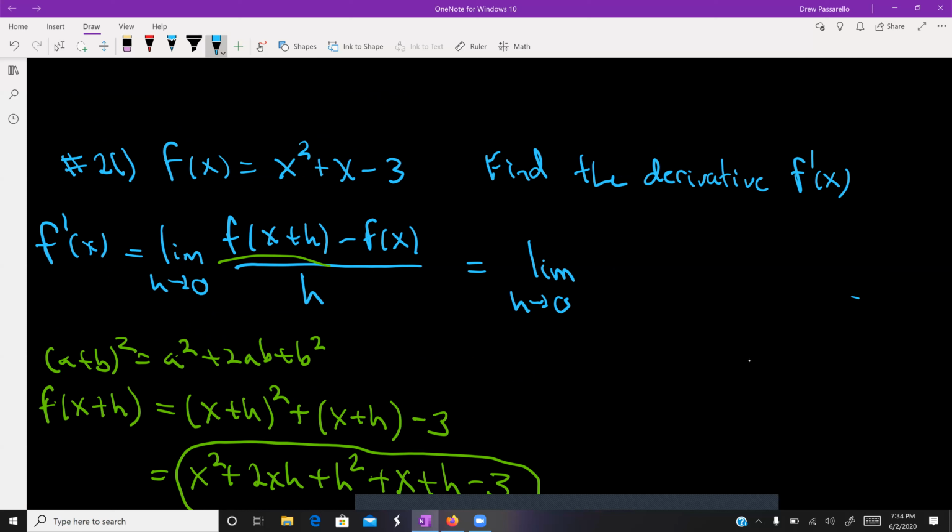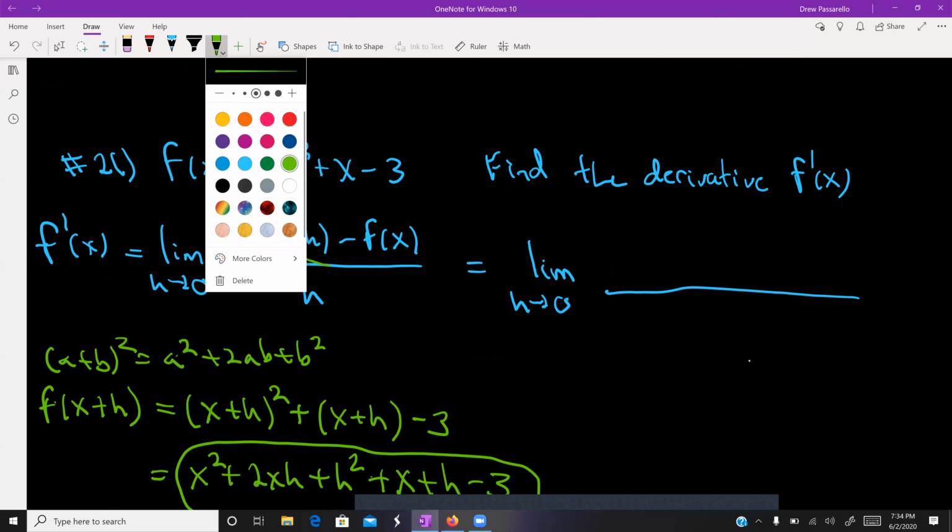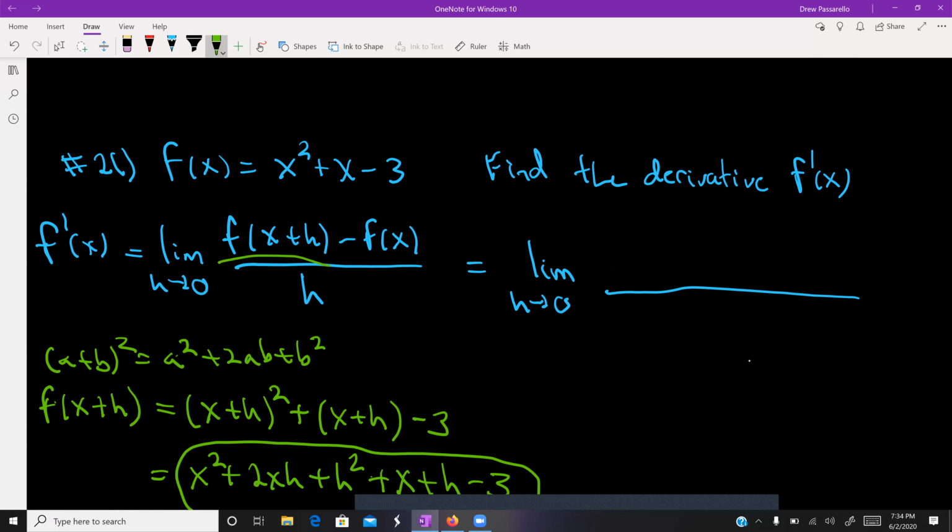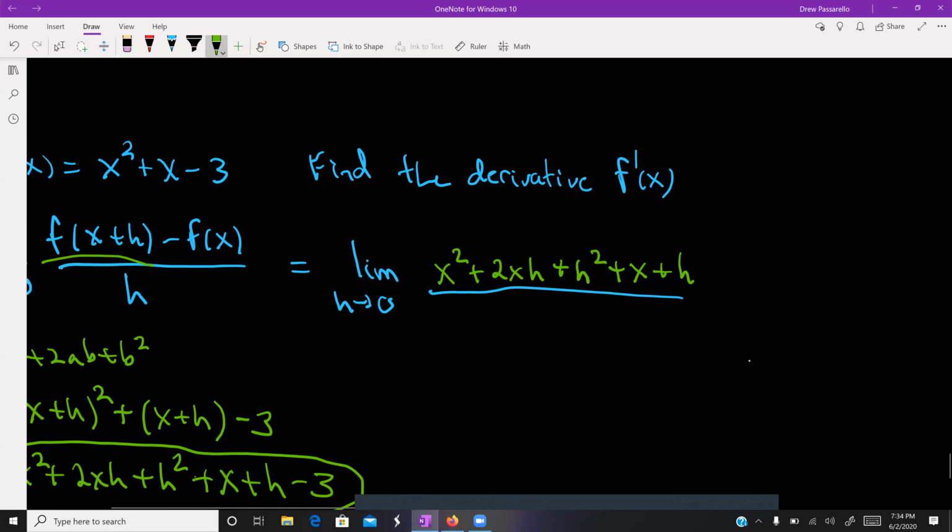So it's going to be a lot of stuff on the numerator. So x squared plus 2xh plus h squared plus x plus h, and then minus 3. That's just the f of x plus h portion.